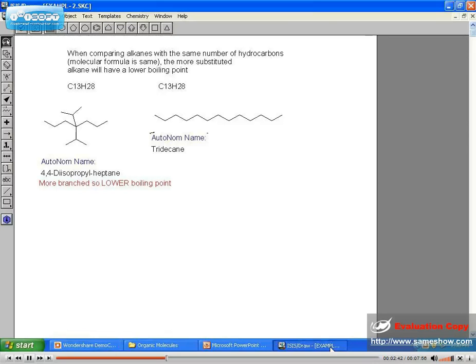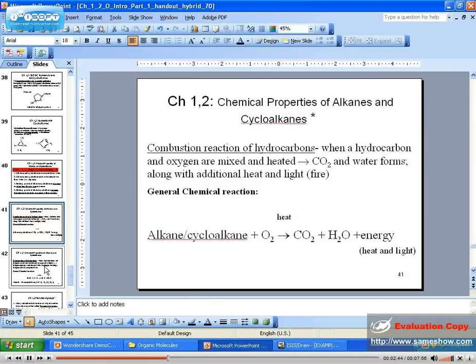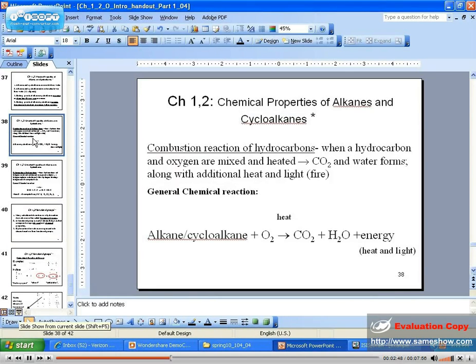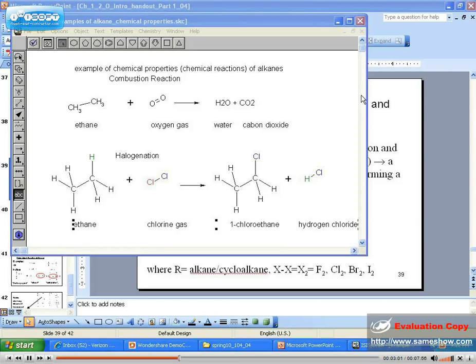So let's go ahead and move on to chemical properties. Here are examples of chemical properties. When we use the term chemical properties, we're referring to any type of known chemical reaction that can occur. So let's go ahead and open up this example right here on ISIS.